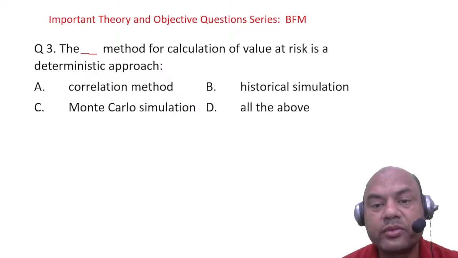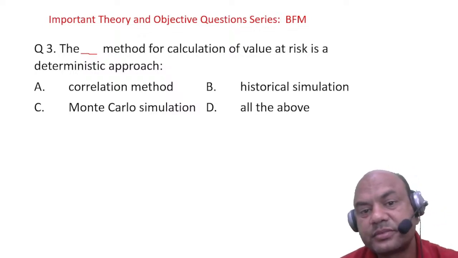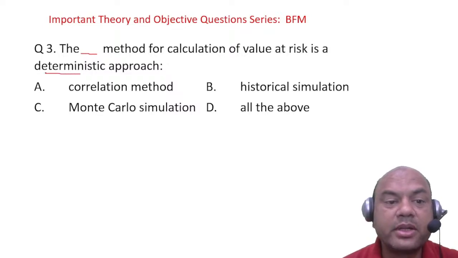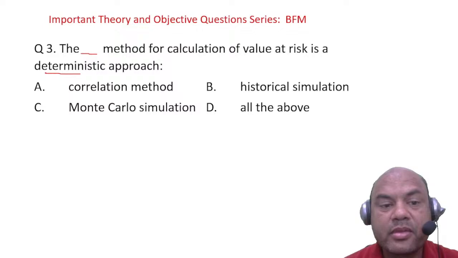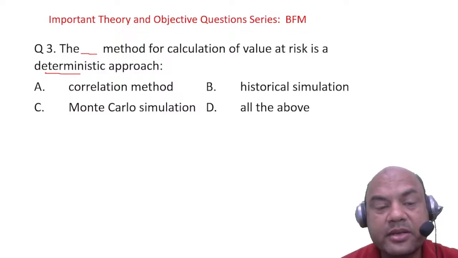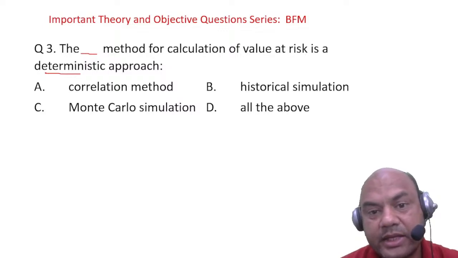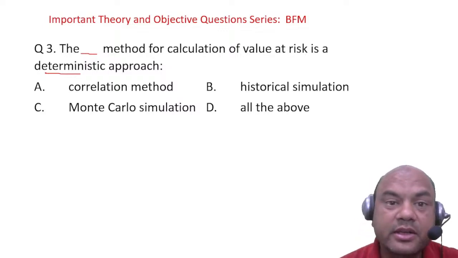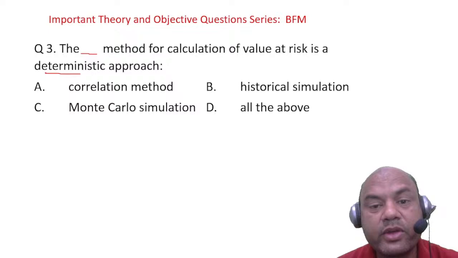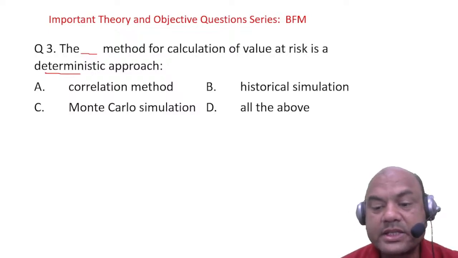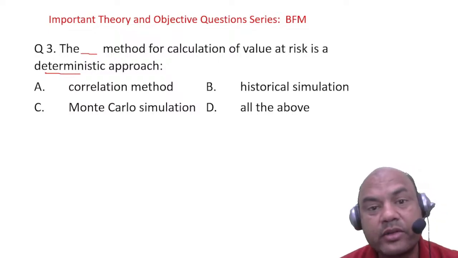Deterministic, firstly, what is deterministic? Deterministic means there is a relationship between the two parameters. That's the meaning of the word deterministic. And the relationship between two parameters is used in which method?